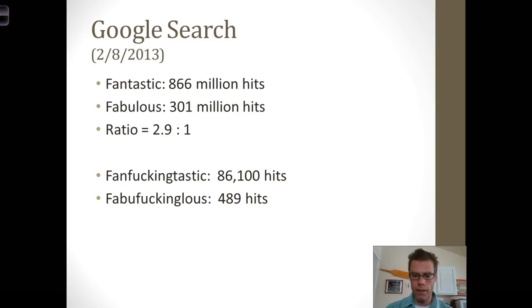When we look at that ratio, you get 176 to 1. Fan-fucking-tastic shows up on the internet 176 times for every time fabufuckingless shows up, which suggests that fan-fucking-tastic is just more grammatical than fabufuckingless. So the point of this little exercise is to demonstrate that it's not purely my intuitions, that people in practice prefer fan-fucking-tastic to fabufuckingless.